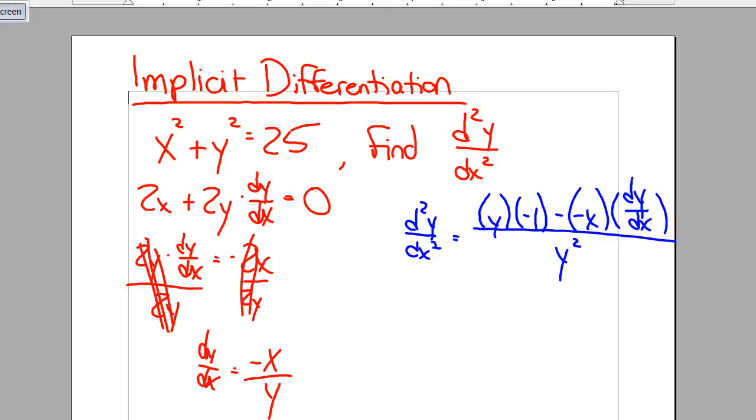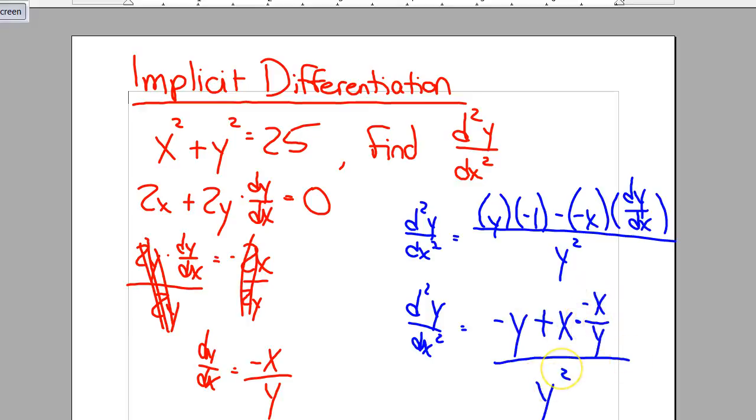And then I'm going to do this, and I want you to tell me where I got it from. So what did I just do? One thing I did was take the negative times the negative and say, okay, that's a positive. That's easy. Where did I get the negative? How did I replace dy over dx with negative x over y?